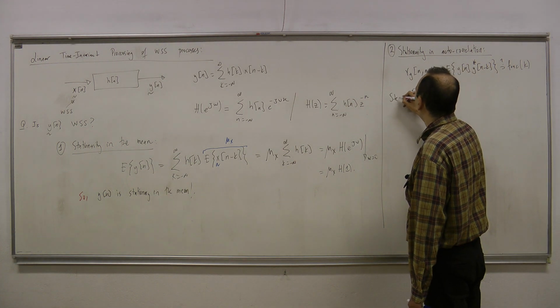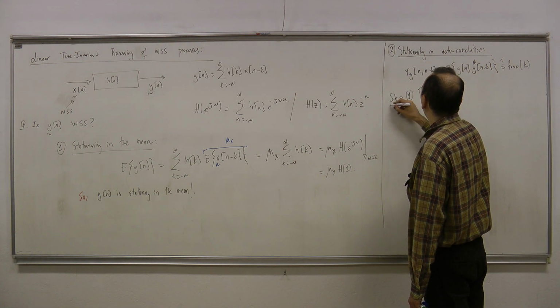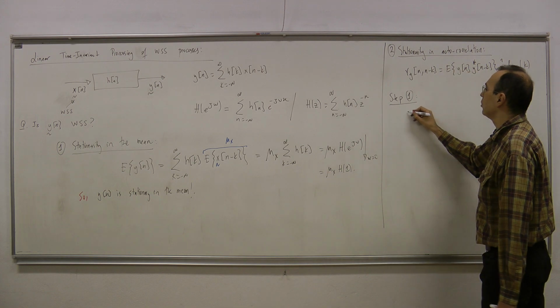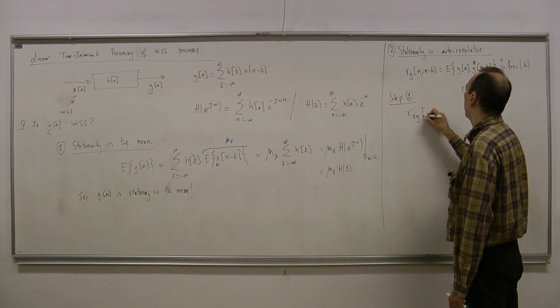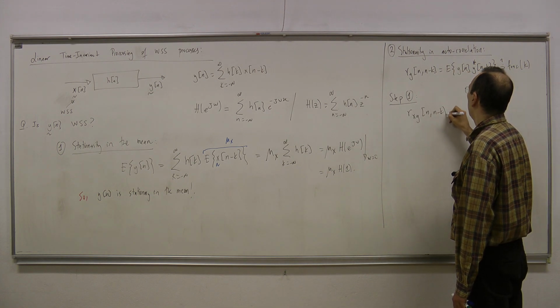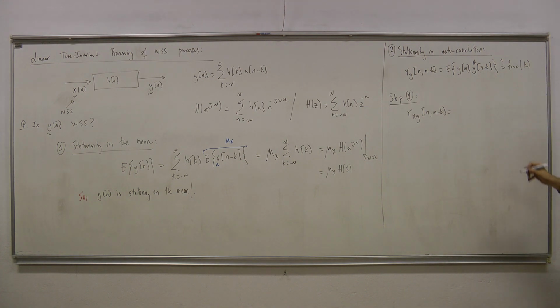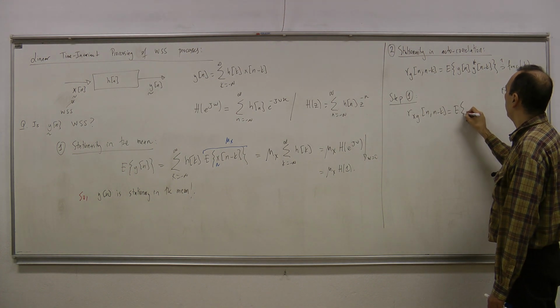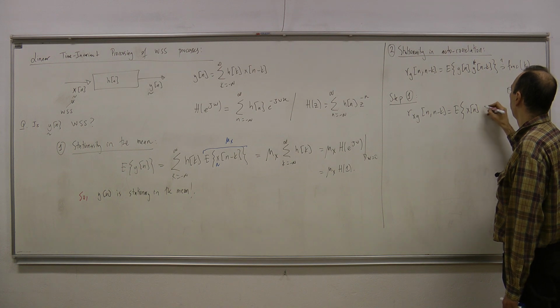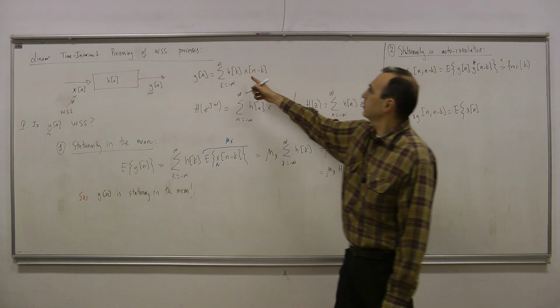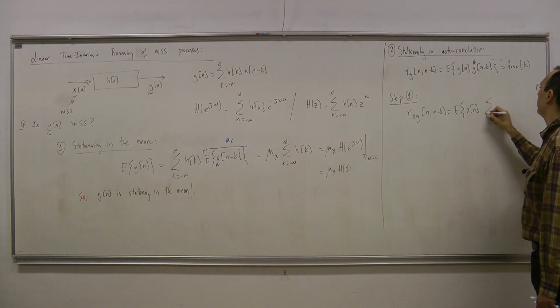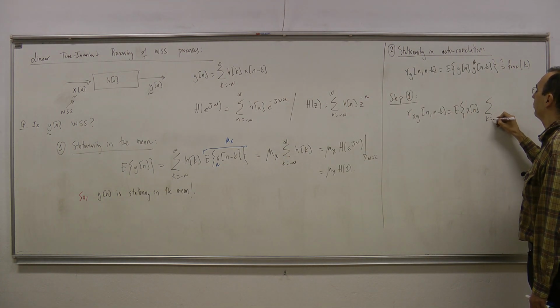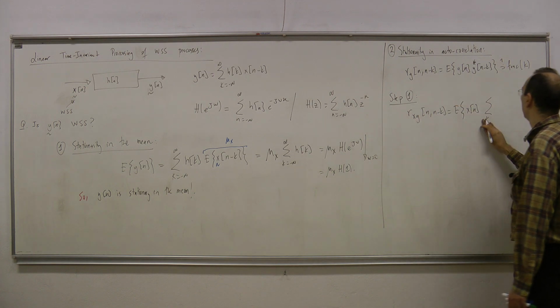Now we start with again two steps. Step number one. Okay, so let me calculate Rxy of n minus k. So this is the expected value of x of n, and I have, well, let me write this. Summation over k, but I have two k's. Let me be careful.